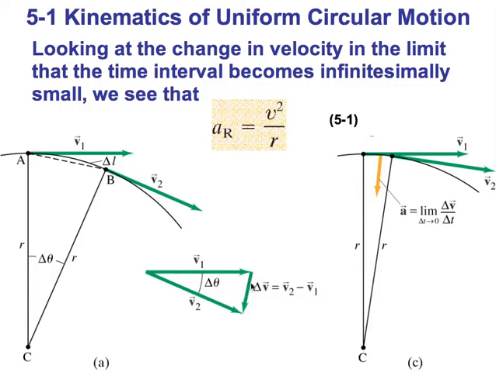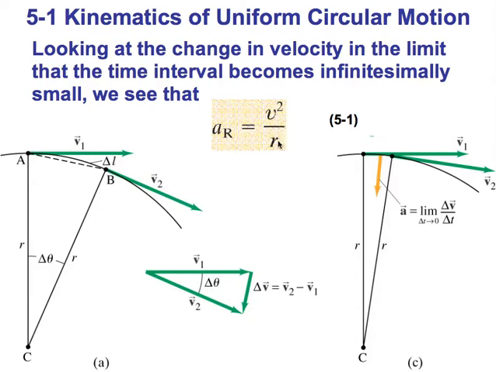Now notice the vector delta v is pointing towards the center of the circle, and that's actually what the word centripetal means. It's an acceleration pointed towards the center of a circle. It actually means center seeking. So if you're moving in a circle, you're always accelerating towards the center. And the magnitude of that acceleration is your speed squared divided by your radius.